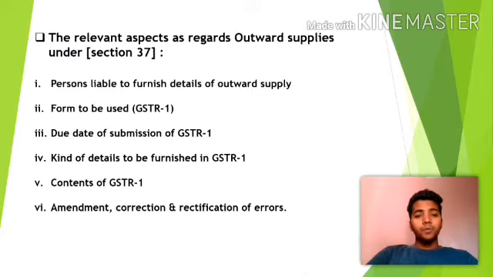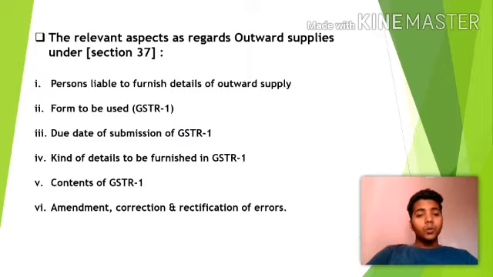Here are some relevant aspects regarding outward supply under section 37. If we are going to discuss GST Return 1, it is necessary to discuss these 6 topics. The first one is the person liable to furnish the details of outward supply, and the second one is the form to be used under GST.